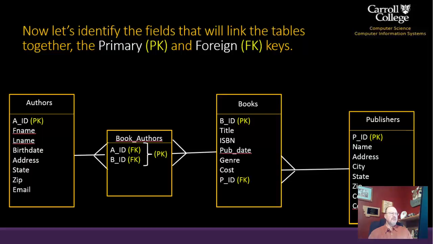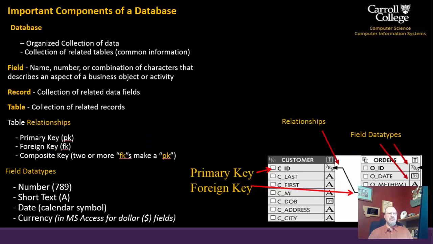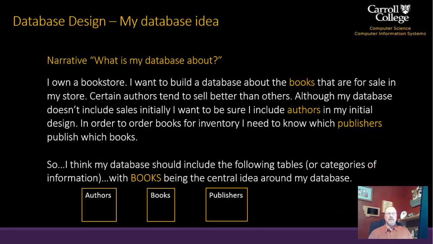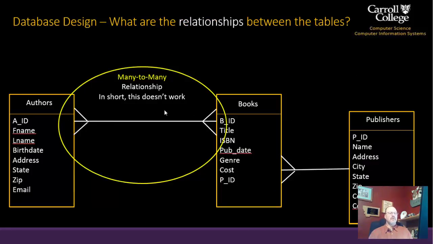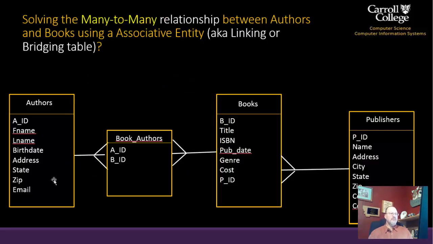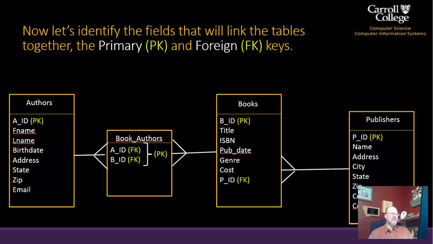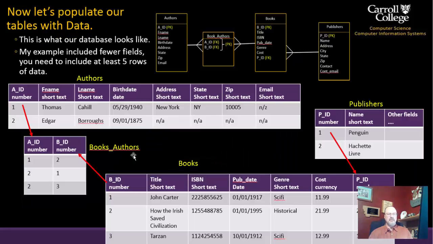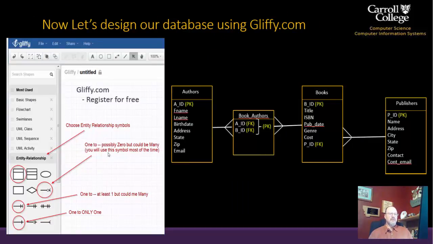Think about the narrative as we review this just a little bit. Take a database. These are some of the components that are involved. Take our narrative, go out and determine what those relationships are for our entities within the database, determine if there's any issue, solve that issue, apply foreign keys, take a look at the data, and then build the Gliffy.